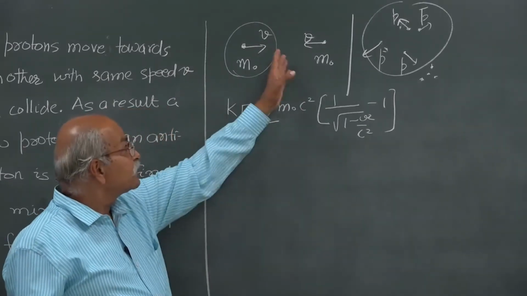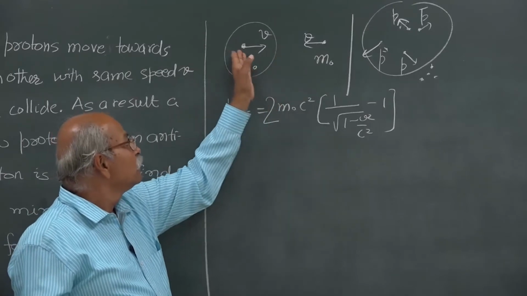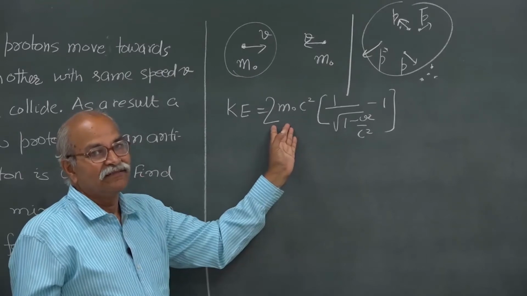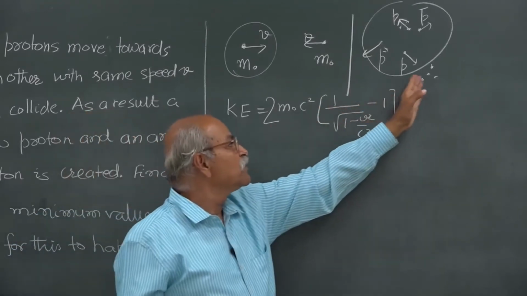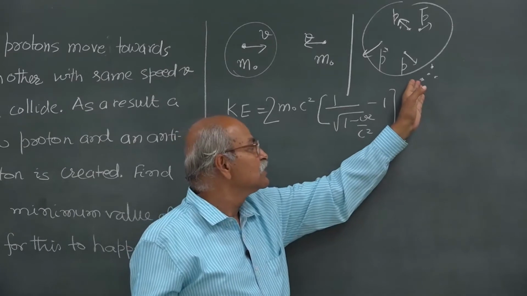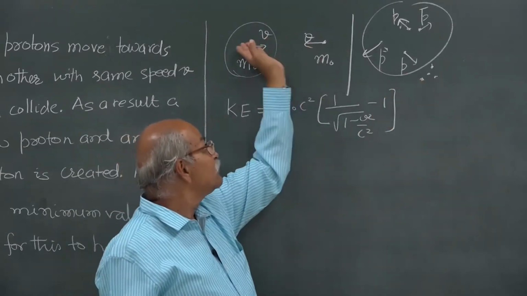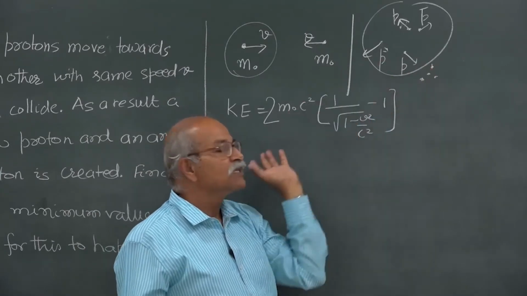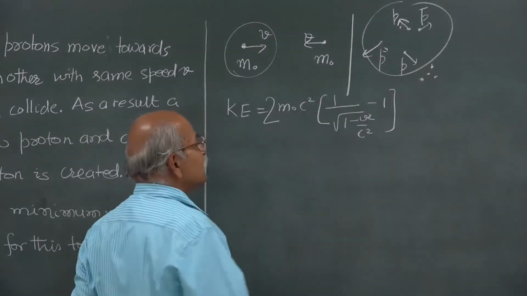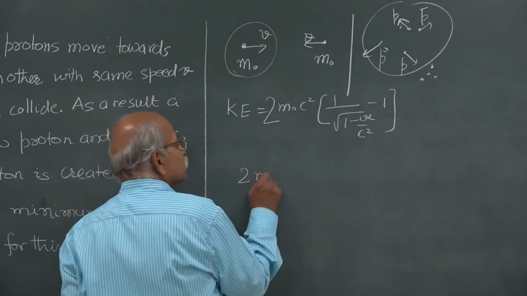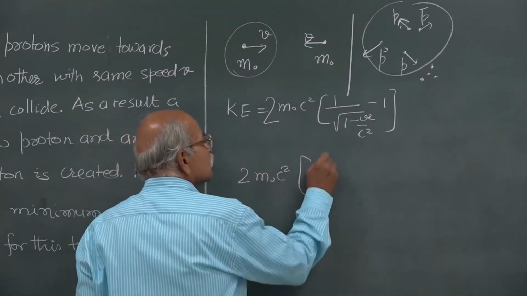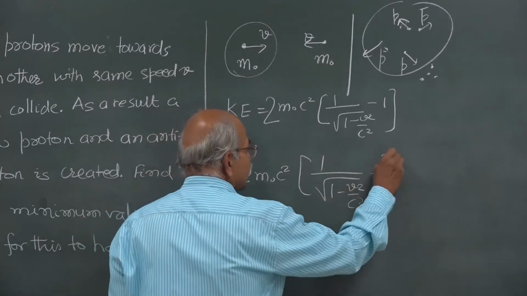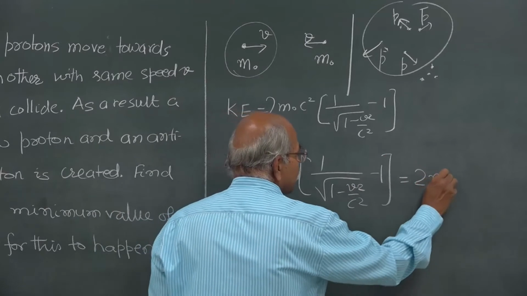The total energy is m naught c square plus m naught c square plus this kinetic energy, and here 2 of the particles will have m naught c square, m naught c square, which will be the same as this. The new rest mass that is created should come from this kinetic energy, and therefore 2 m naught c square times 1 by square root 1 minus v square by c square minus 1, should be equal to 2 m naught c square.